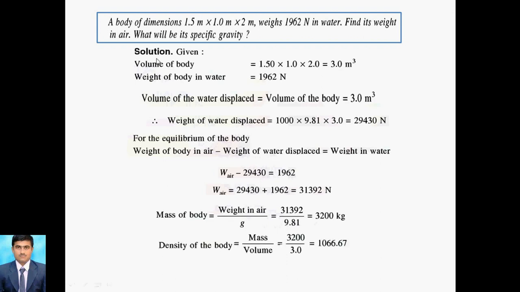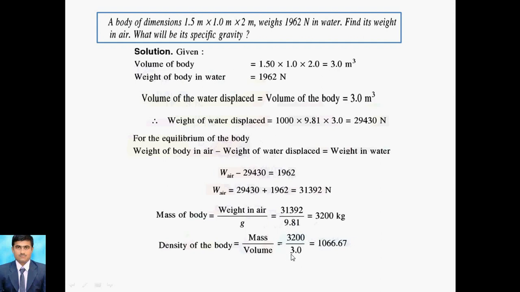Now we go for specific gravity. First of all we get the density of the body, which is mass upon volume. Mass is known to you, and for the volume of the body we take 3, because it is the volume of water displaced.